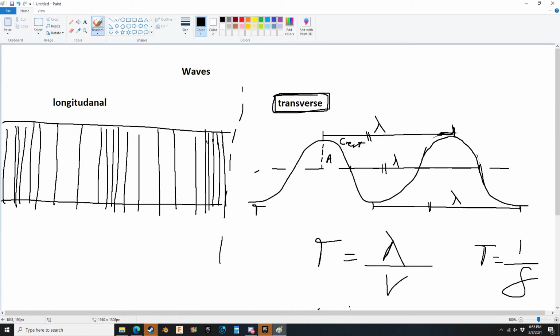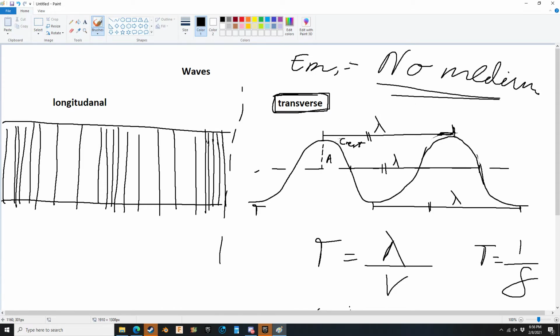So another thing with transverse waves, since it covers the EM and visible, well, I don't think I need to write down visible because you already saw that visible is part of the EM, right? These do not need mediums, right?